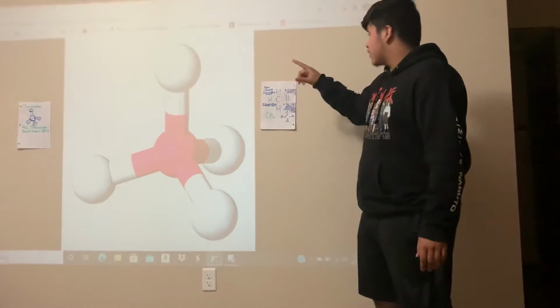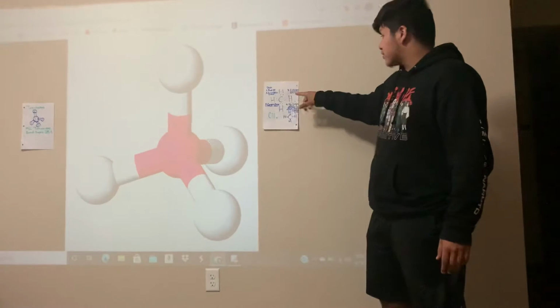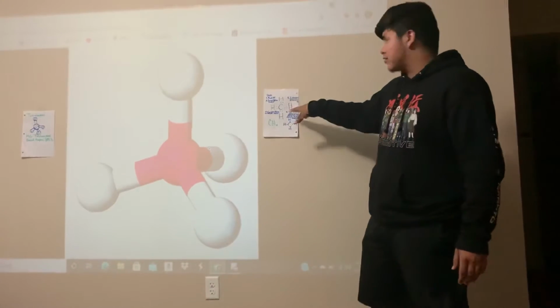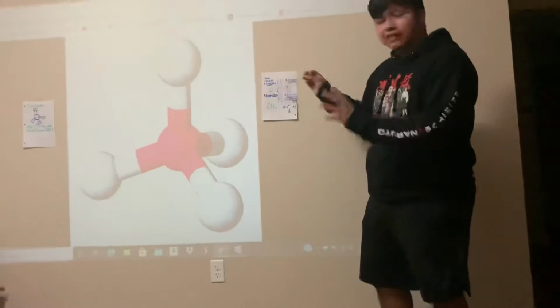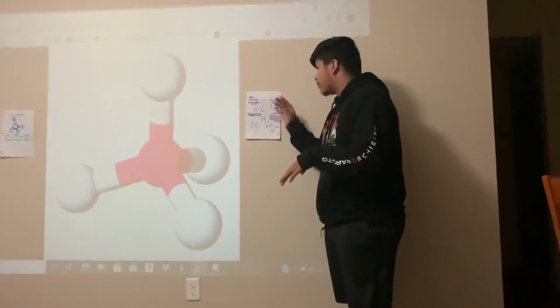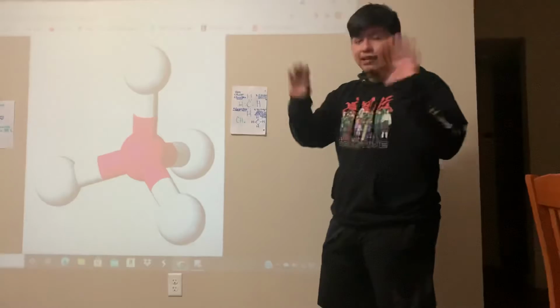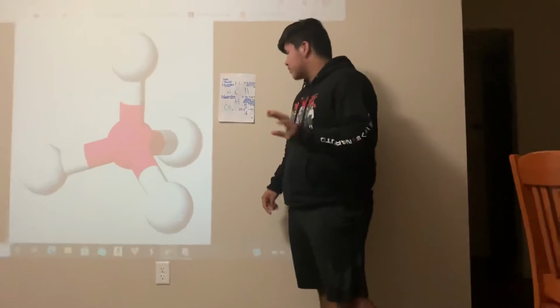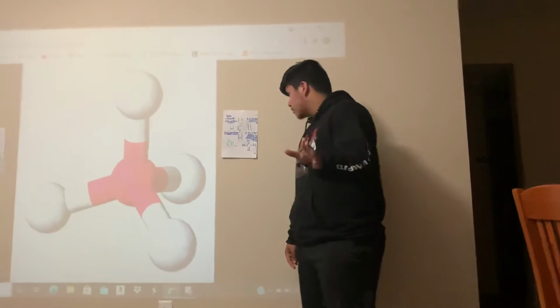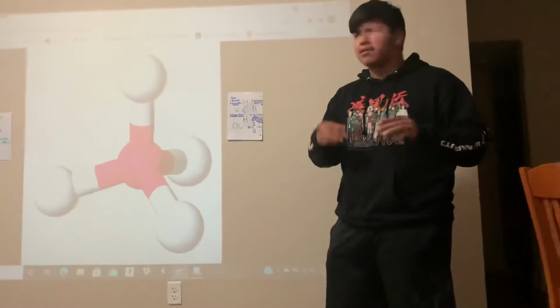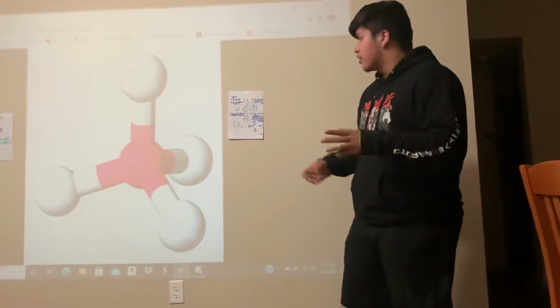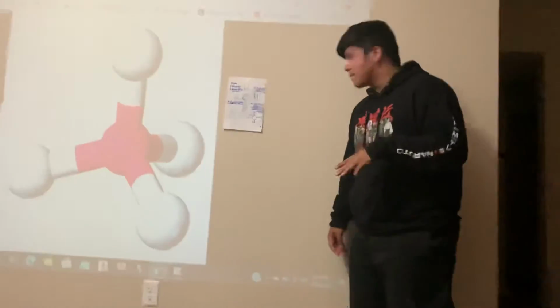Next, you have to put two electrons between them to form a bond, right? And then fourthly, you have to complete the octets on the outside. And fifthly, if the central atom doesn't have any more electrons, then you're going to have to put double and triple bonds. But if you can come over here, cameraman, this is the way it looks.